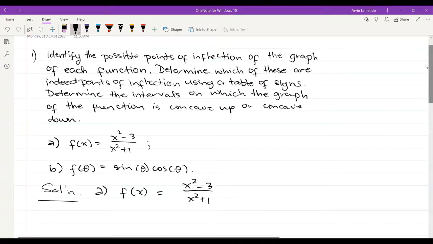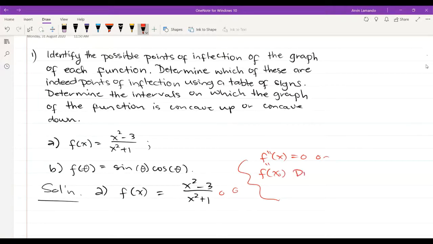You can either solve for the zeros of its second derivative or find the values of x in which the second derivative does not exist.